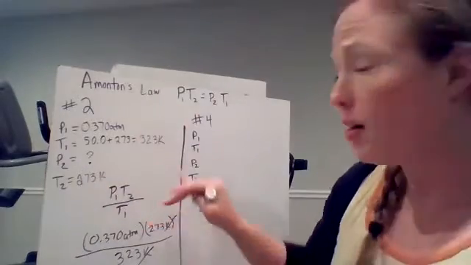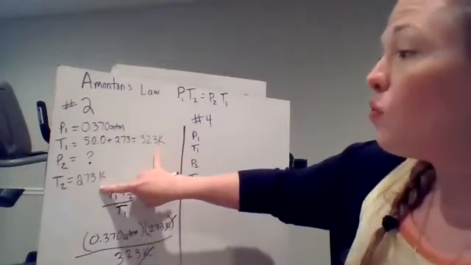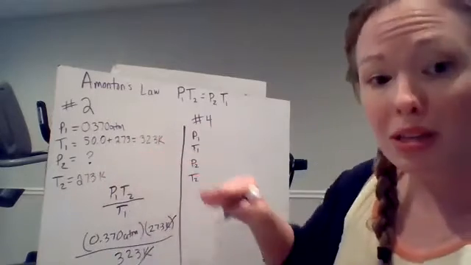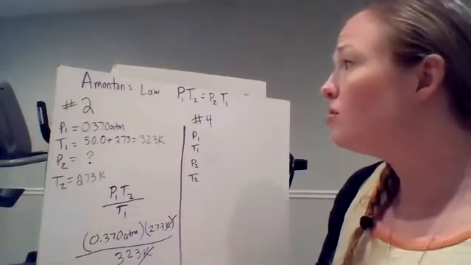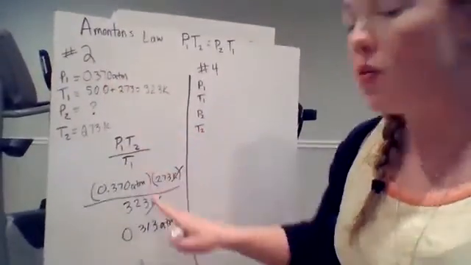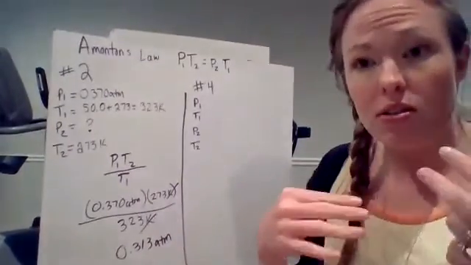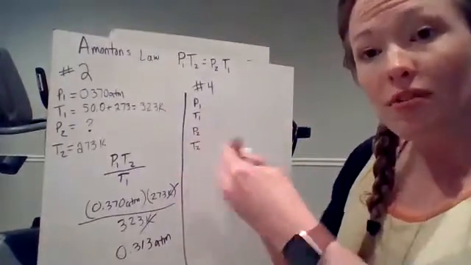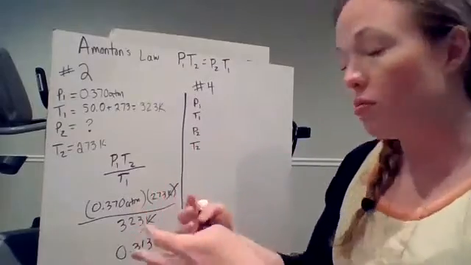It decreased by 50 degrees, right? So our pressure should be decreasing because our temperature is decreasing. So let's see if that happened. Well, our initial pressure was 0.370 and our final is 0.313. Yes, it decreased. So it did what it's supposed to. That's good. We should evaluate our answers as a way to check them before we submit.